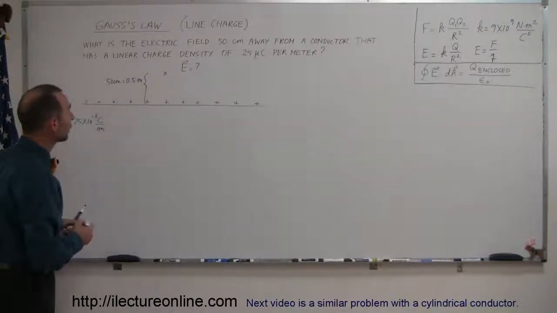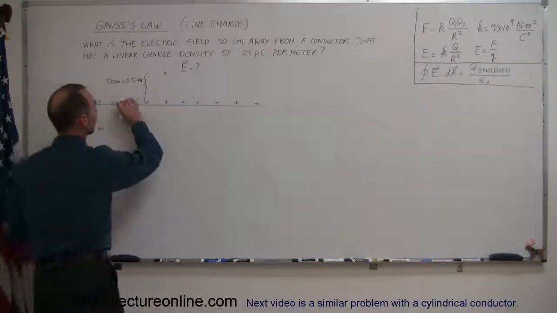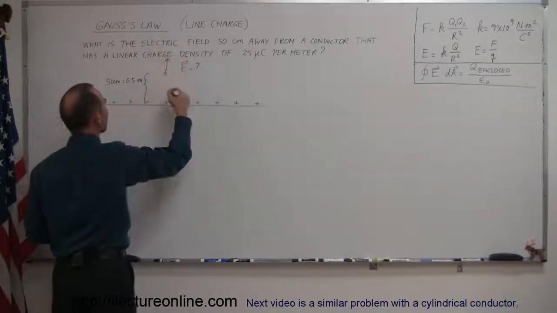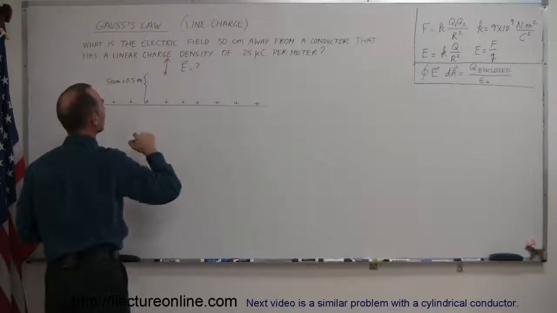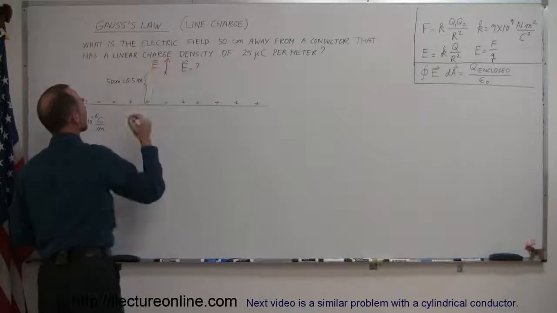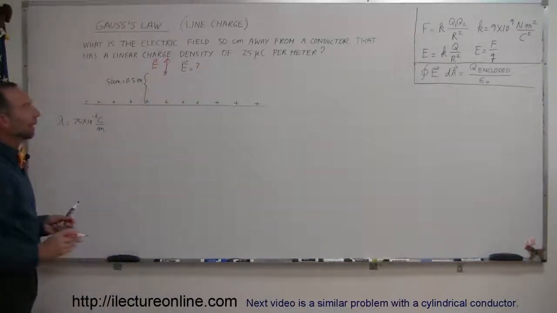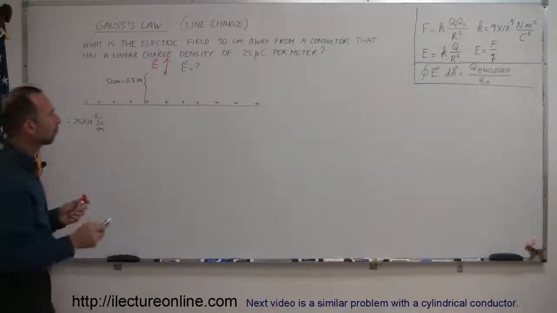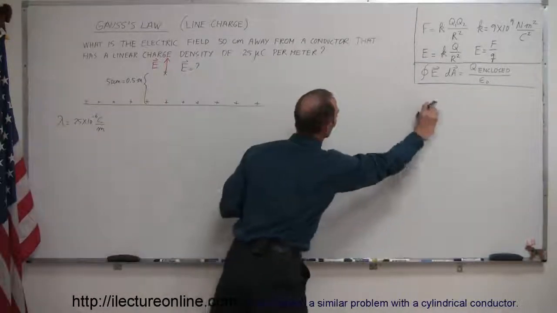Using a red color, we can probably assume that this is a positive charge, that the field would be directed away from the conductor. And here we go, let me just mark it like that. There's my electric field. And we have to make one added comment: we can assume that this conductor is almost infinitely long.